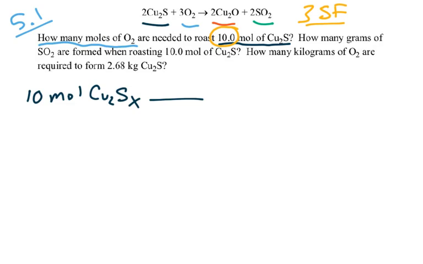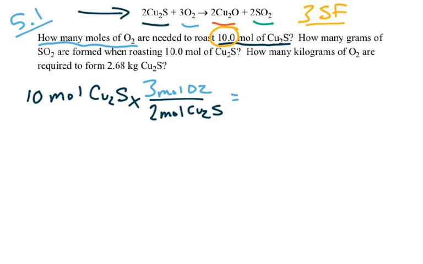All right. The whole point of a balanced chemical equation is to get these coefficients and for this one ratio that we're about to write. For every 2 moles of Cu2S, there are 3 moles of O2.